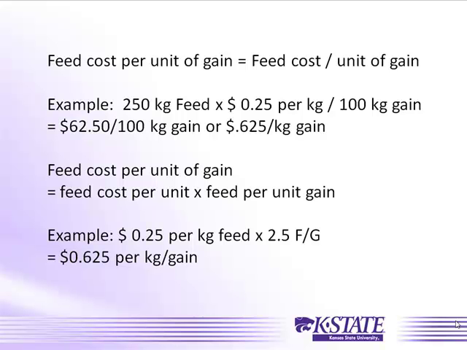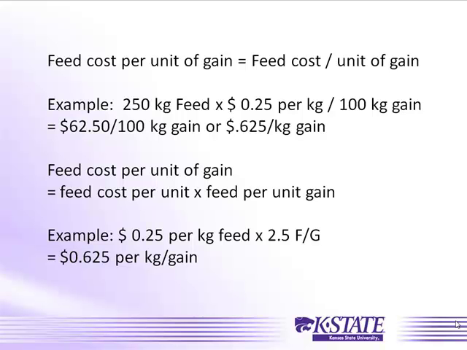Looking at the economics, just calculating feed cost, taking feed efficiency from a simple biologic number and converting it into an economic number. It's just a simple ratio of feed cost per unit of gain.